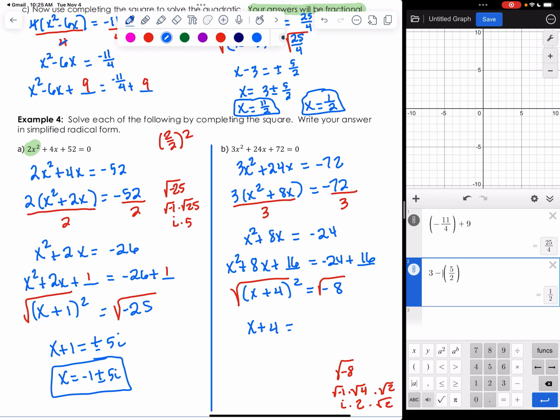So plus or minus 2i square root 2. And then just get the x by itself by subtracting 4. So x equals negative 4 plus or minus 2i square root 2. And that concludes today's lesson, solving quadratic equations by completing the square.